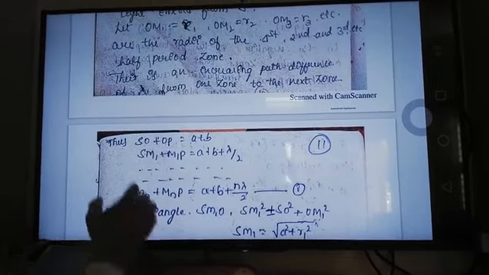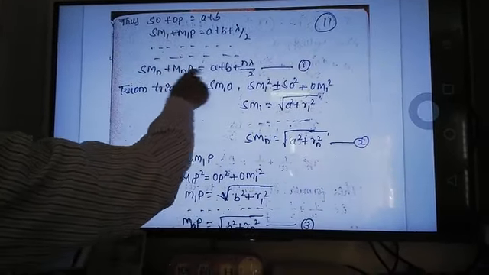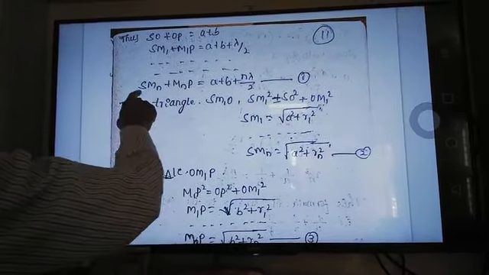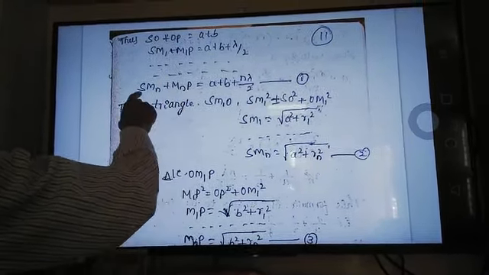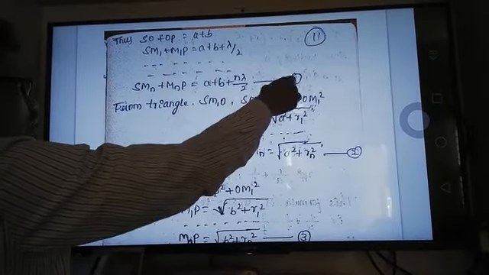In a similar way, for the nth zone, S Mn plus MnP is equal to A plus B plus n lambda by 2. This is equation 1.